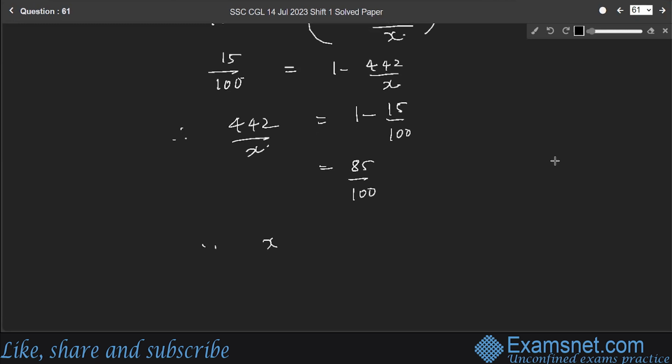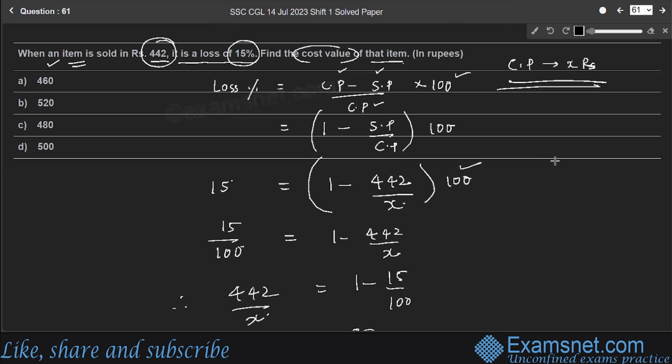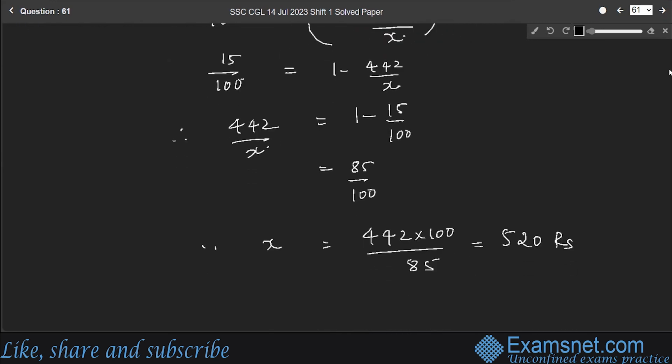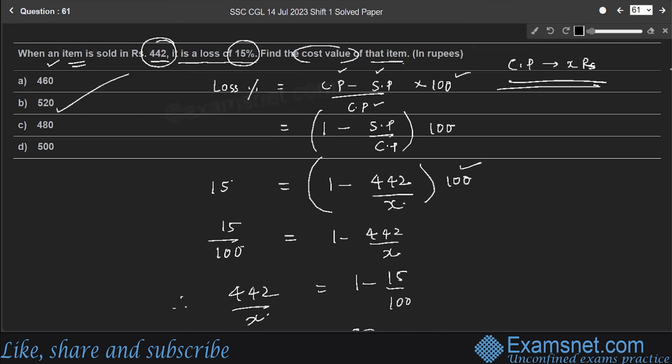Therefore, X is equal to 442 into 100 by 85. So we'll get 520. 520 rupees is the value of X. According to our assumption, the cost price of the item is X rupees, which is 520 rupees, right? Therefore, option B is the right answer.